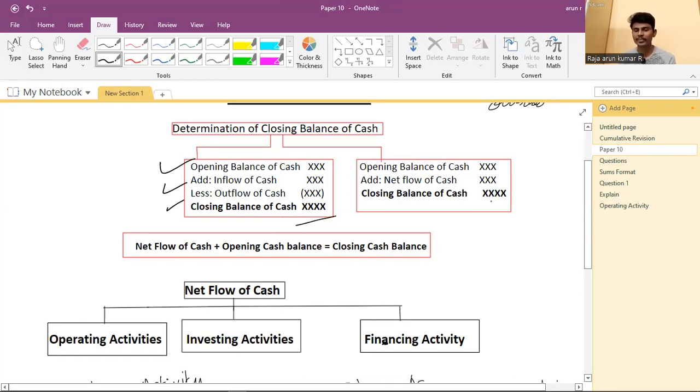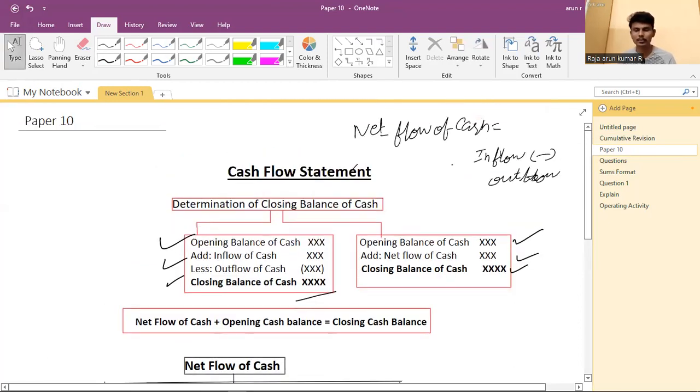In the other method, opening balance of cash, add the net flow of cash, and derive the closing balance of cash. Net flow of cash equals inflow of cash minus outflow of cash.